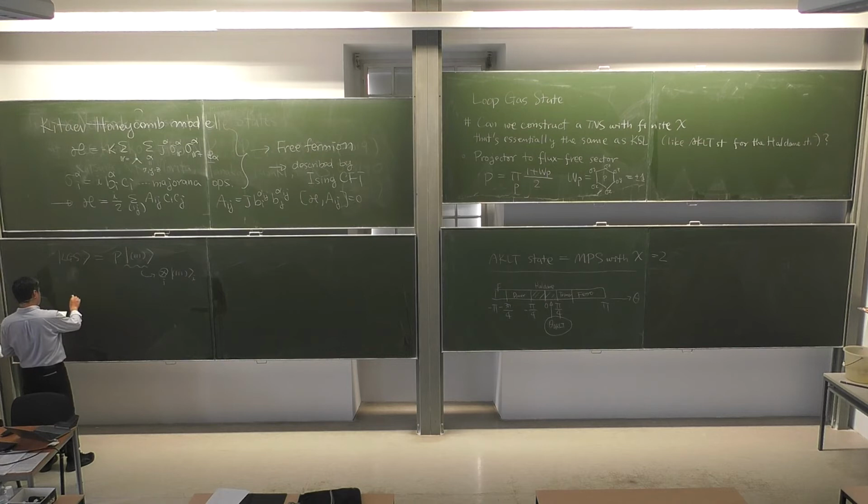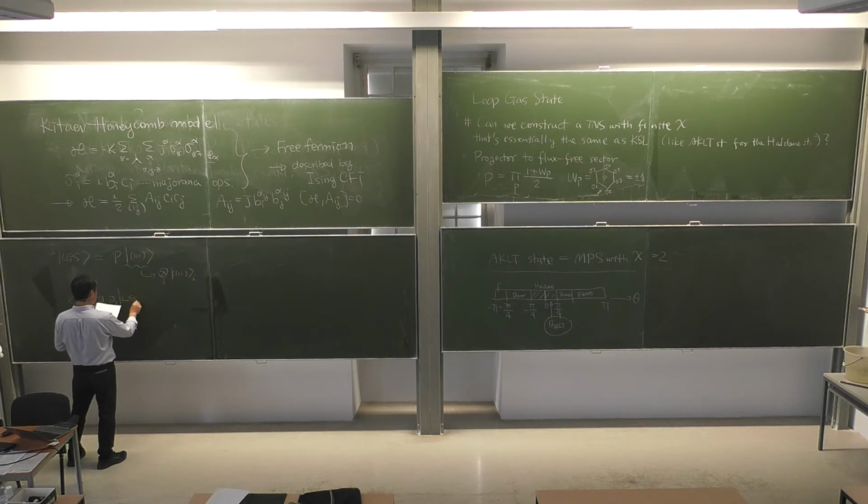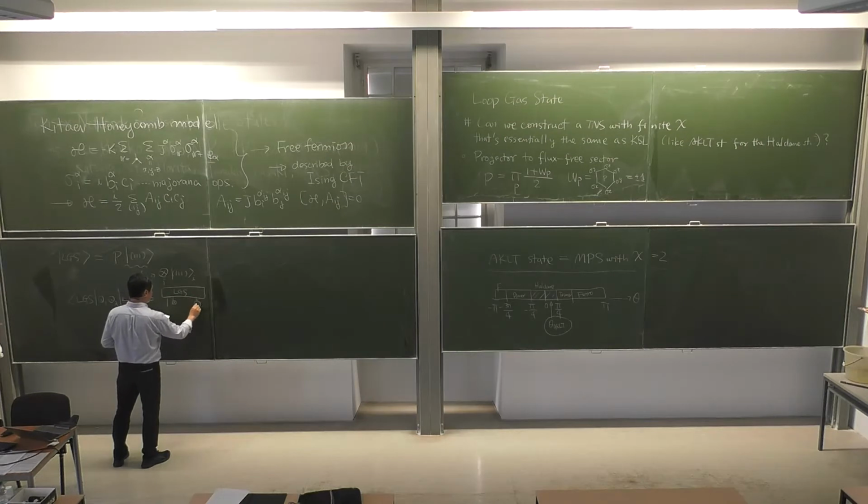Okay. And if you think about the correlation function of this loop gas state, as you can easily imagine, diagrammatically, this is the loop gas state, with Q_i here and Q_j here. Something like this.